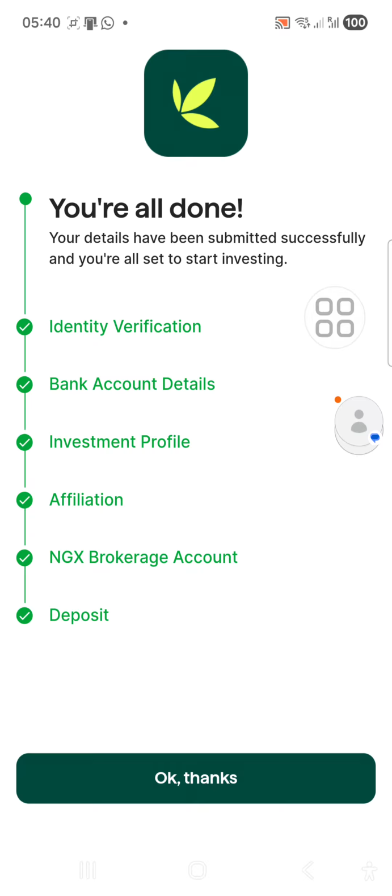For example, where it says deposit, you will have to put some money into your Bamboo wallet. I think the minimum you should put there should be about 5,000 naira. Once you've done all these things and you come back to check, everything should show green. If it shows green, then it means you have done everything successfully.